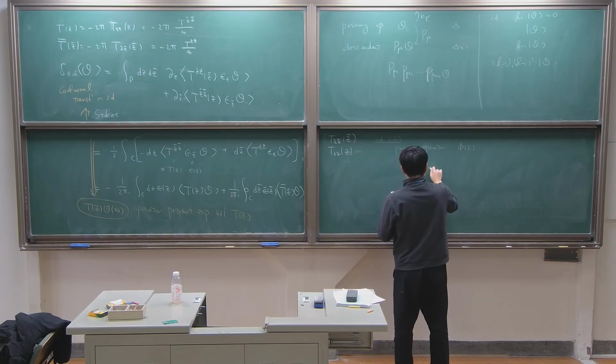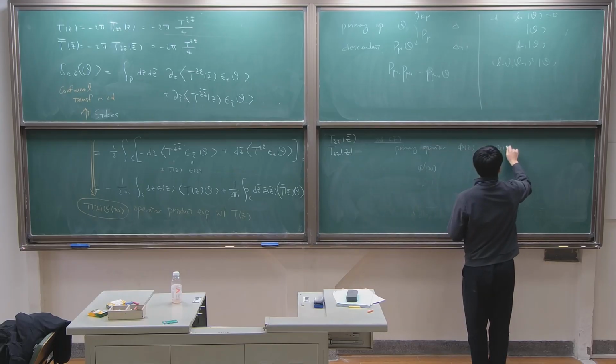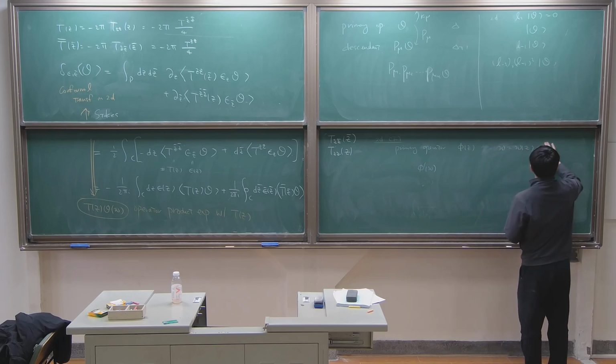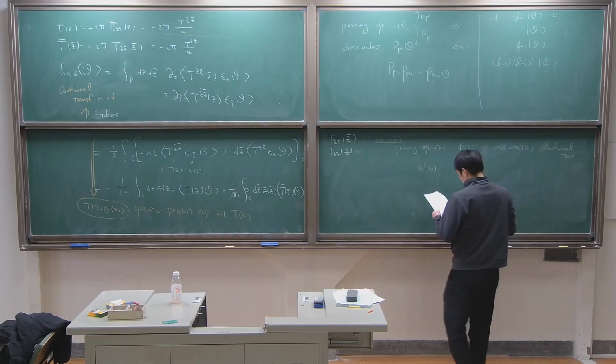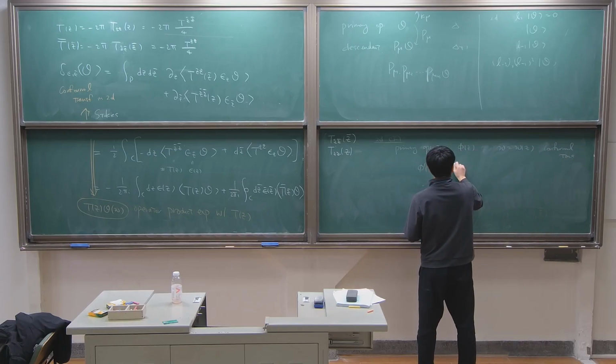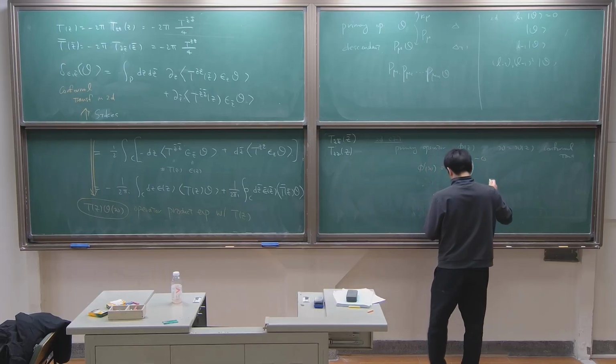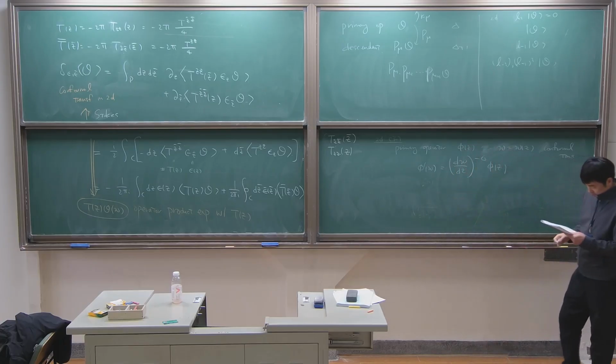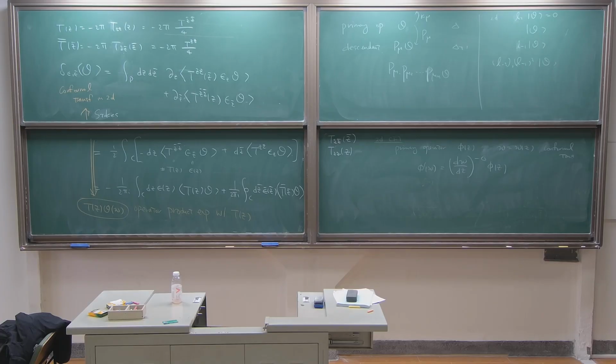So phi prime of w, where w is just w of z. It's a holomorphic conformal transformation. That's the transformation. It's very similar to the scaling transformation.